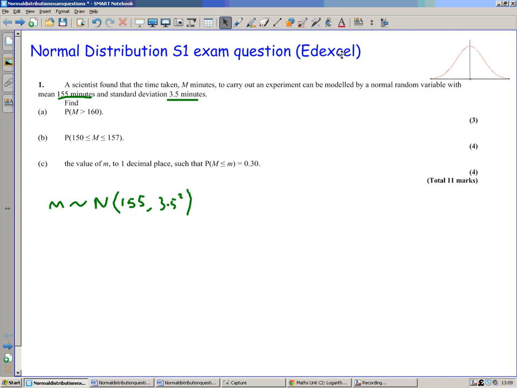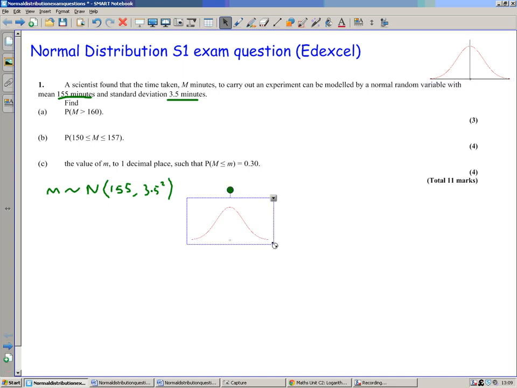Right, so the first question, 3 marks, and I presume it's meant to be relatively straightforward. Good diagrams are always a good idea. If you put on your diagram where the distribution is, you will see the kind of probability.